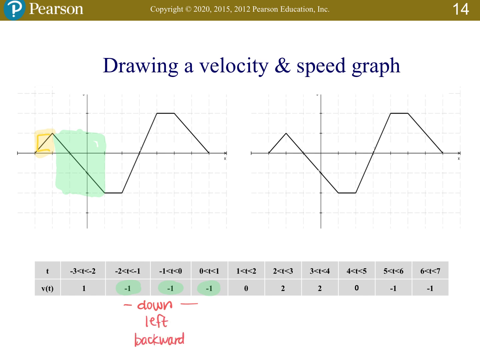So it's going to start out going to the right or up or forwards, then it will switch to going down, left, or backwards.